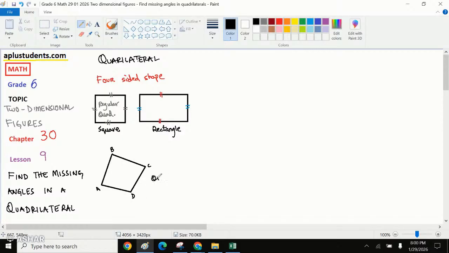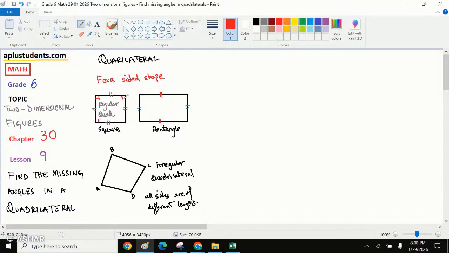This is still a quadrilateral, but this is an irregular quadrilateral. That means all sides are of different lengths.